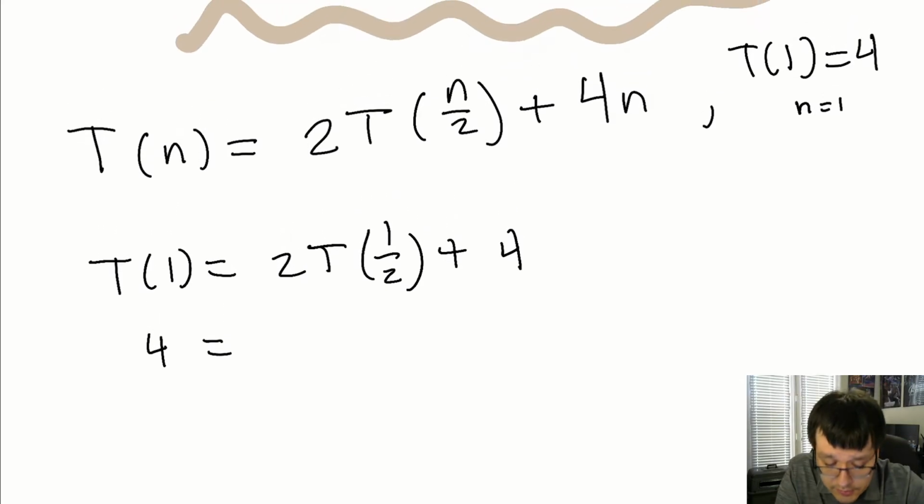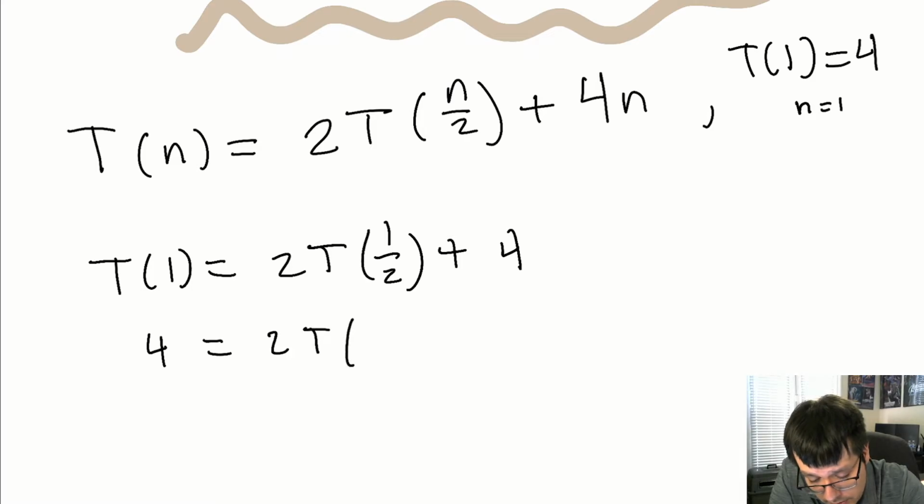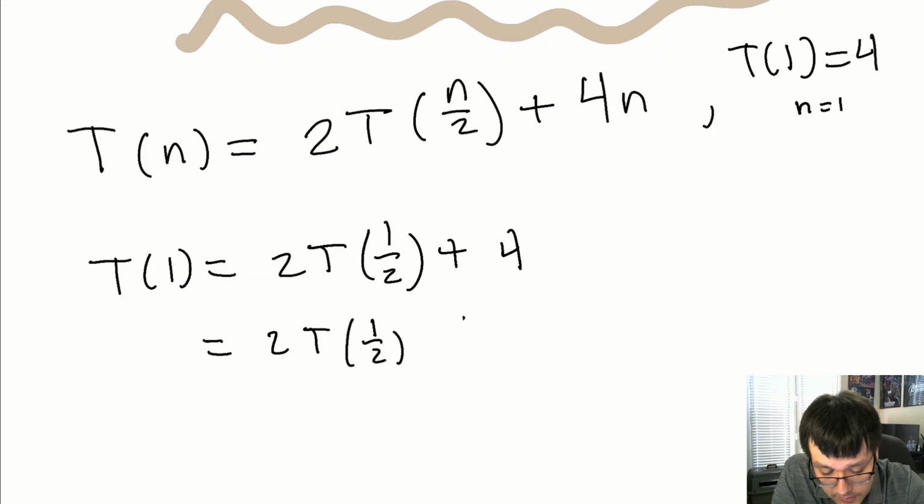So if we do this, we can see that 4 is equal to 2t of 1/2 plus 4. So we can get rid of this 4, and this becomes a 0. And then we can divide this by 2, which literally does nothing. So we get that t of 1/2 is 0.